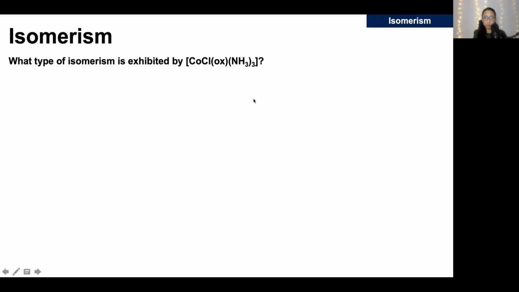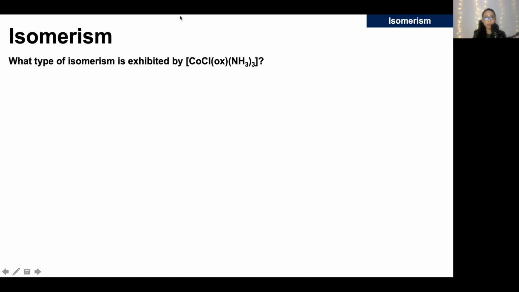And for us to know that isomerism, for sure, it's not structural isomerism, right? Because if it's structural isomerism, then we should be given a pair, because they always come in pairs.